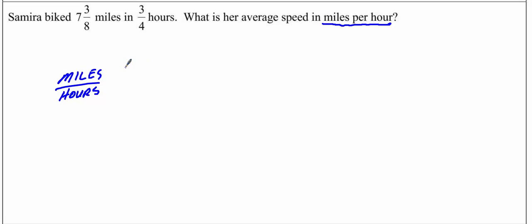We know that our starting amount is 7 3/8 in 3/4 hours. And we want to know how much that is in 1 hour. So how many miles in 1 hour? And since this gets bigger from 3/4 to 1, we know this is going to get bigger. This is going to be more than 7 3/8.